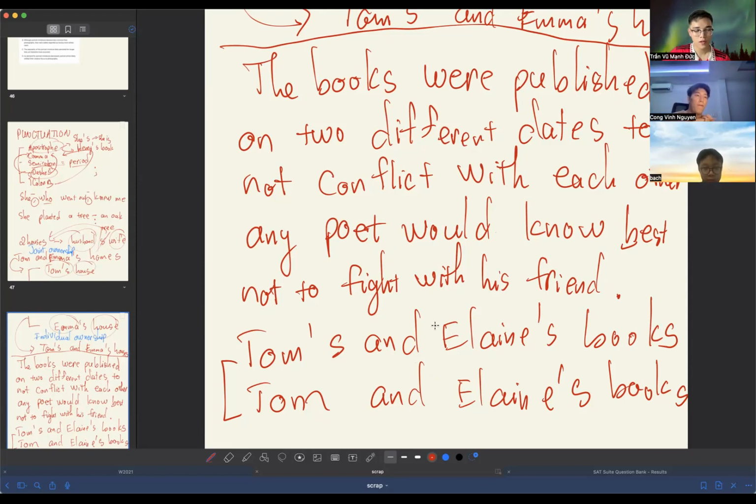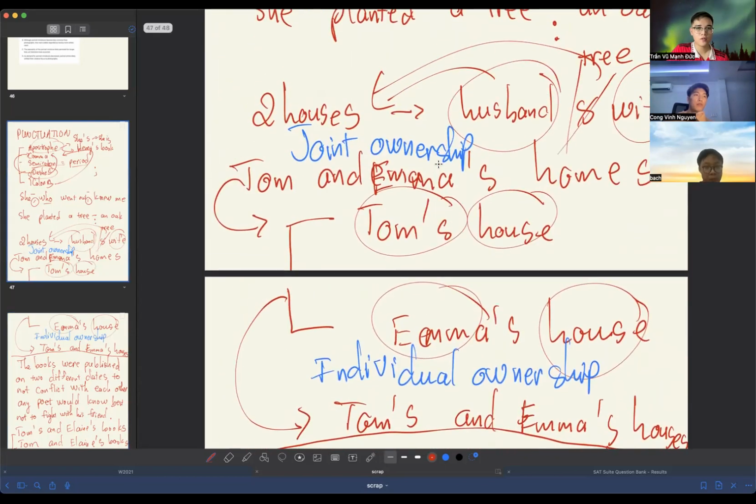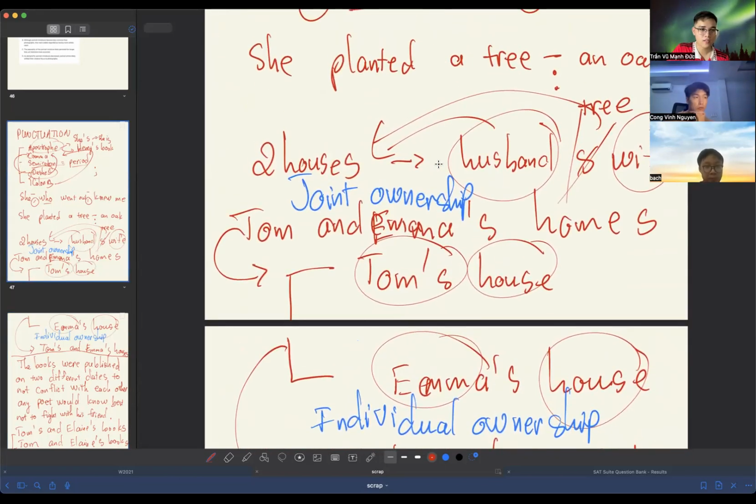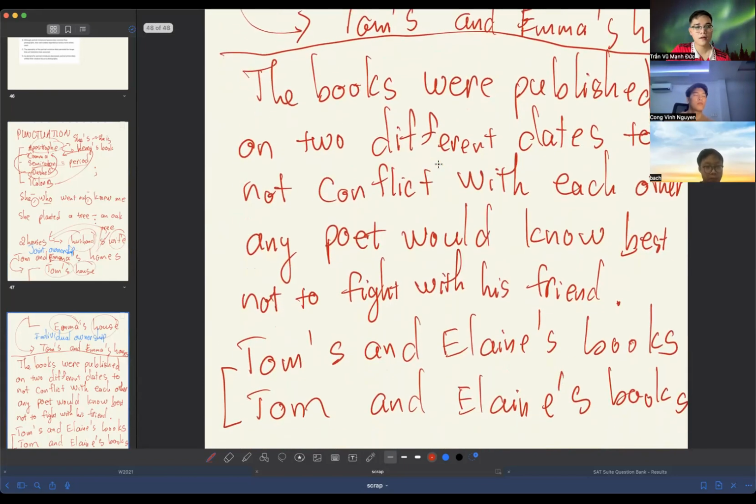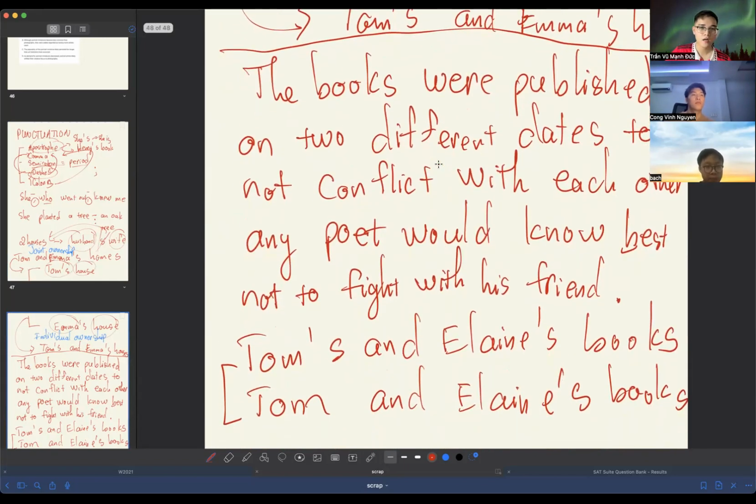You know why? Here, look. You have to rely on the context. It's not always that people are going to say, rewrite this as a joint ownership or rewrite this as an individual ownership. It rarely will be the case. In this case, the books were published on two different dates. That's the first clue. One person can publish two books at two different dates, that's normal.